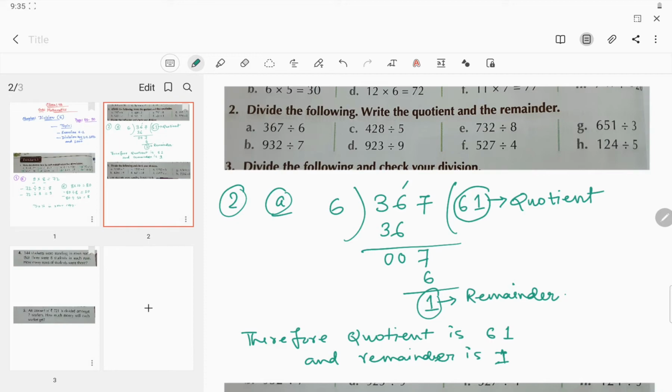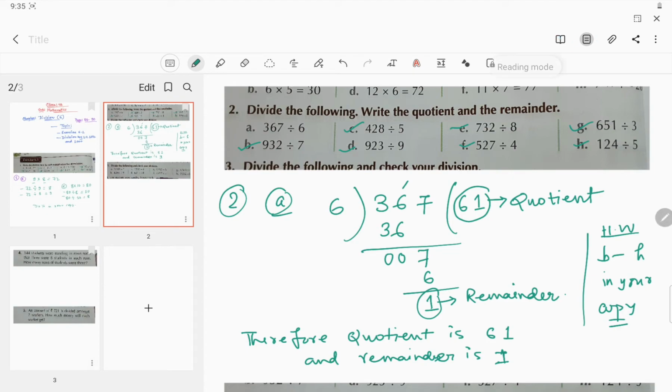Similarly, you have to do all the questions from B to H in your copy. This is homework. It's a very easy problem. I know you will do it very easily.